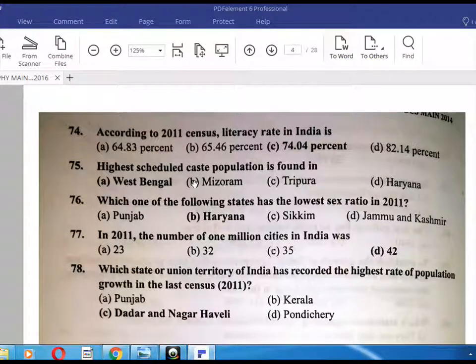Highest scheduled caste population is found in West Bengal. Okay, Haryana is not, Tripura not. Which one of the following states has the lowest sex ratio in 2011? It is Haryana. In 2011, the number of million-plus cities in India was 42.